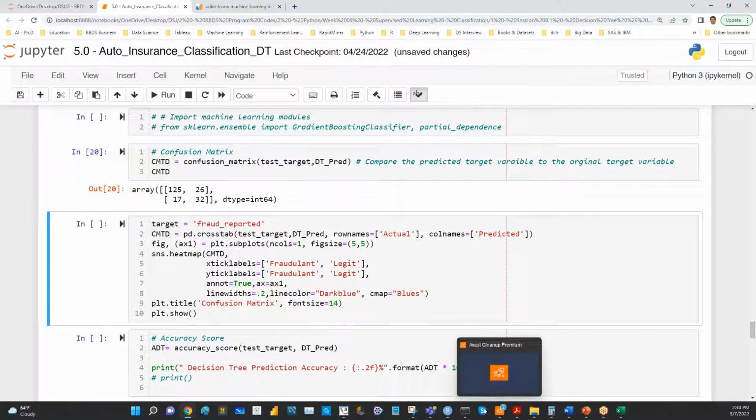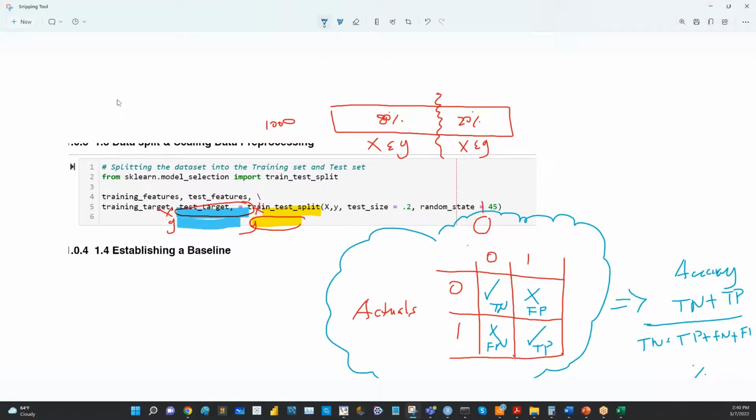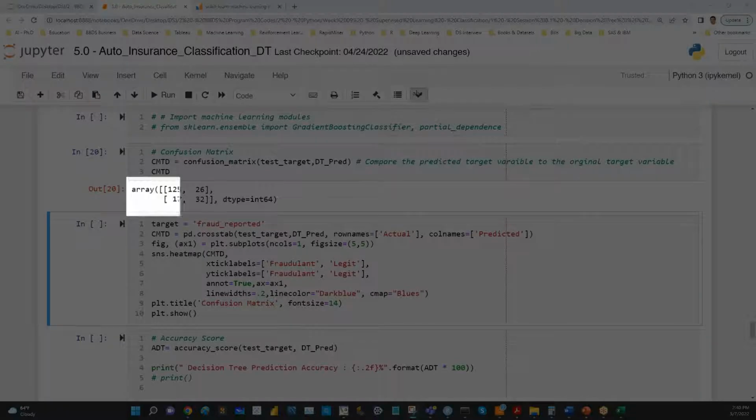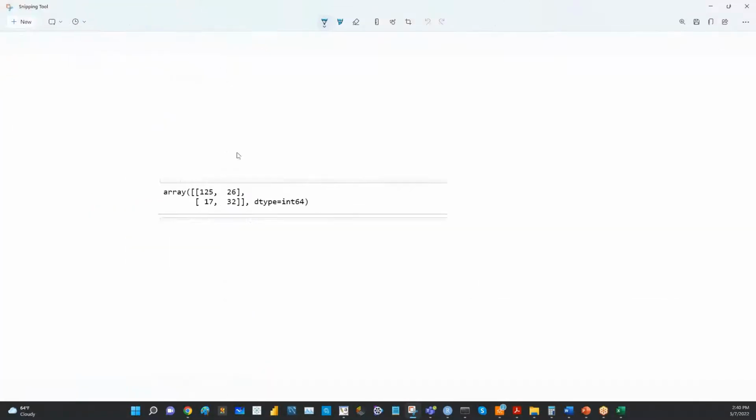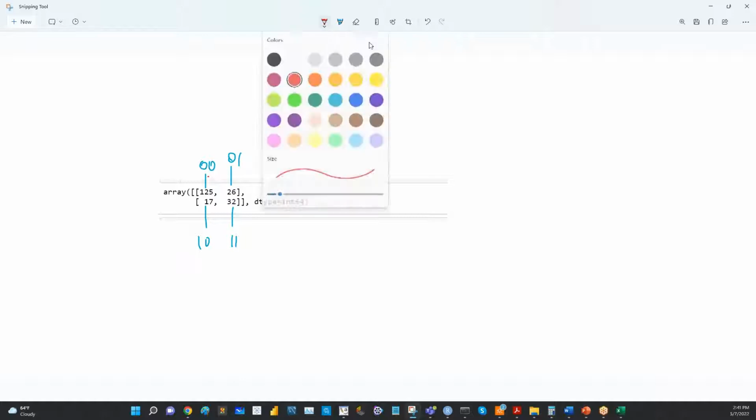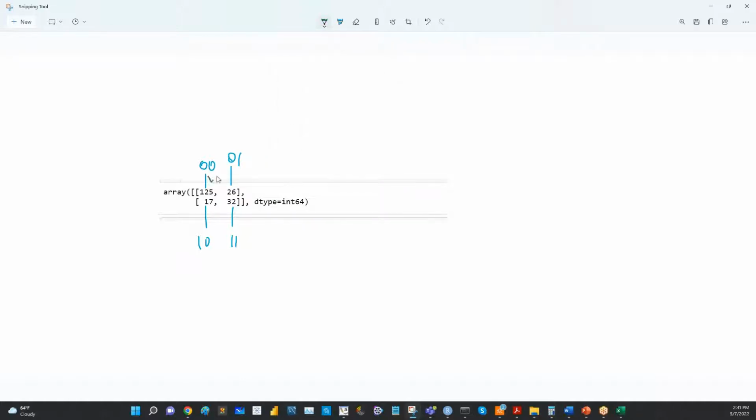So here we go, this is our confusion matrix. This is 0,0, this is 0,1, this is 1,0, this is 1,1. Of course, this is good, this is good, and this is bad, this is bad.